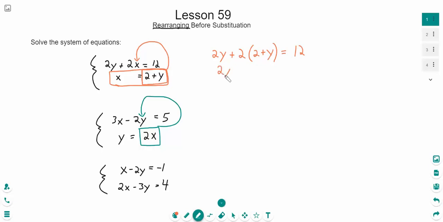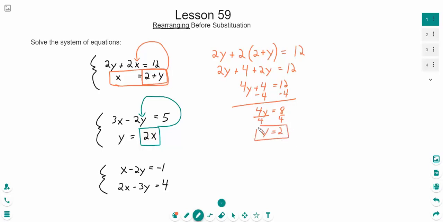So we can simplify 2y plus, now we can multiply this out using the distributive property to get plus 4 and then plus 2y is equal to 12. And then we have a 2y plus a 2y is going to be a 4y plus 4 is equal to 12. And then we can subtract the 4 from both sides, and we get 4y is equal to 8. And then we can divide both sides by 4, and y is then equal to 2.